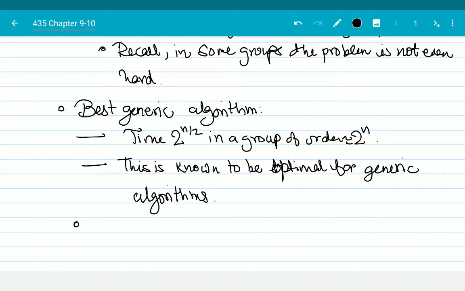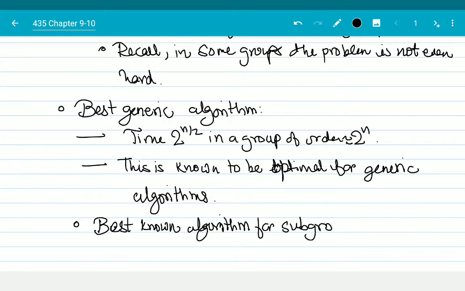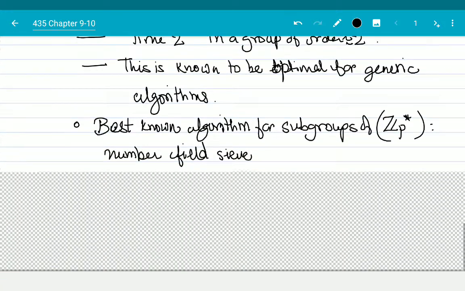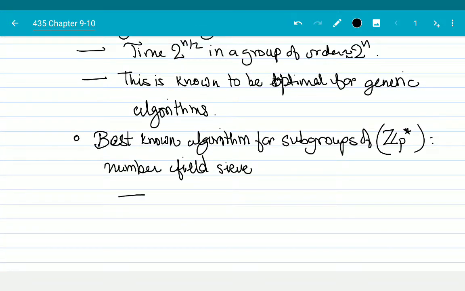Now, the best known algorithm for subgroups of Z_p star is the number field sieve, which, as mentioned above, runs in heuristic time.